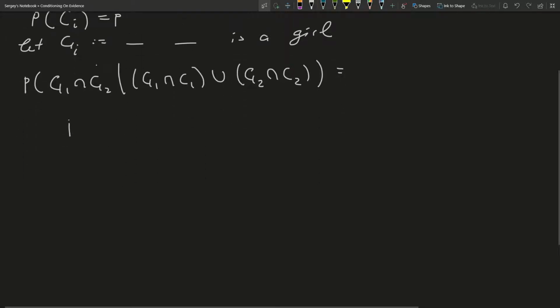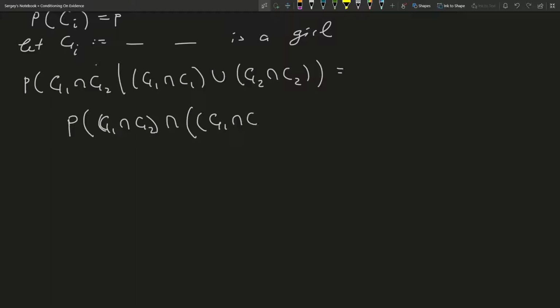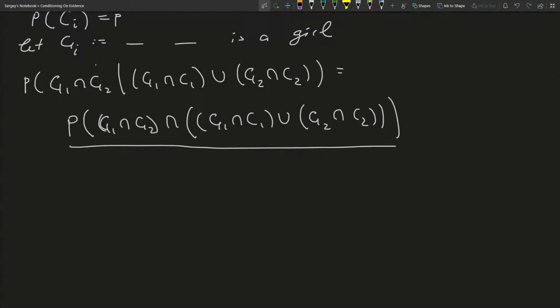So we're going to look at the probability of the intersection of G1 intersect G2 and this union of these two sets, G1 intersect C1, union G2 intersect C2. And we're going to divide that by the probability of G1 intersect C1, union G2 intersect C2.